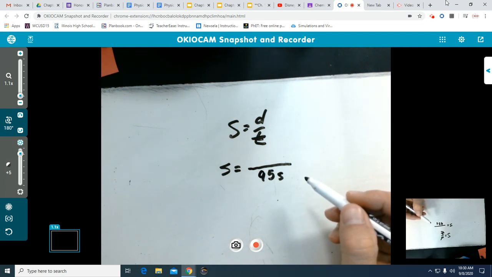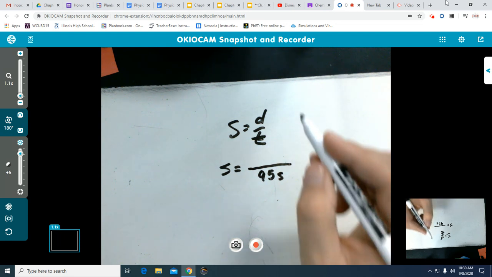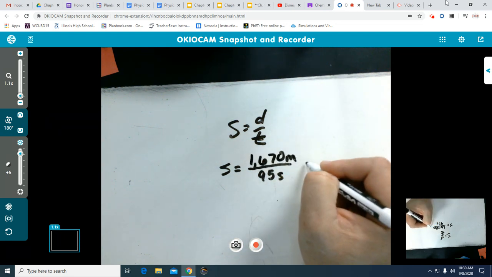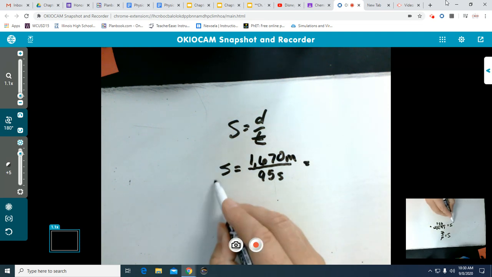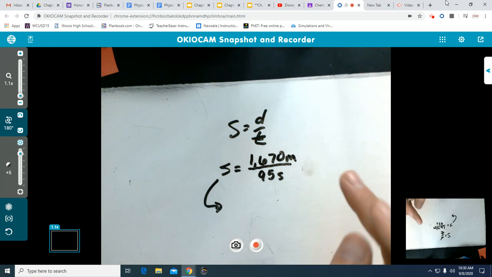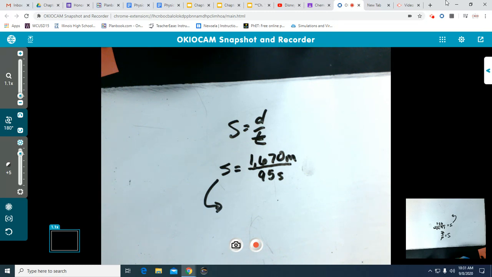And the individual is going down a slope that is a distance of 1,670 meters. Now, looking at the units here of distance and time, are those the appropriate units to solve for speed in this case? Who says no? Who says yes?